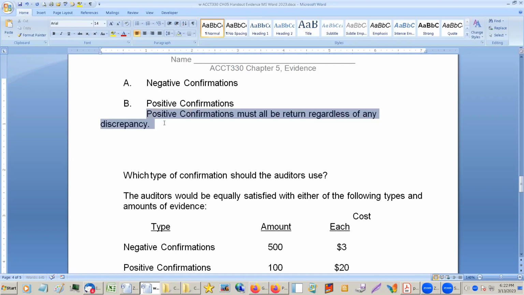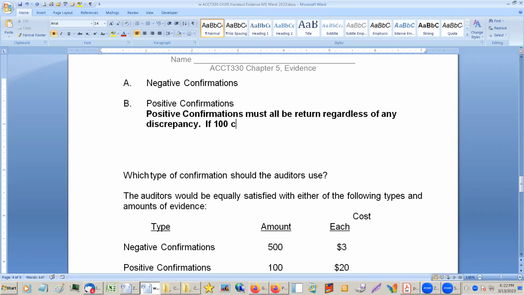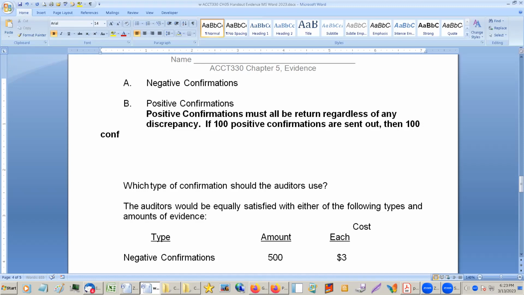Okay, so positive confirmations must all be returned regardless of any discrepancy. So if 100 positive confirmations are sent out, then 100 confirmations must be returned.